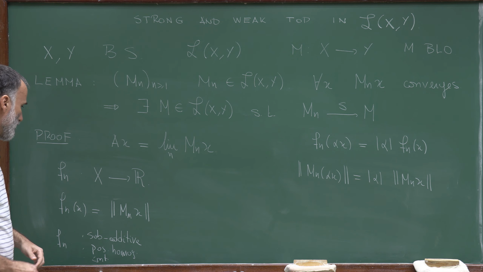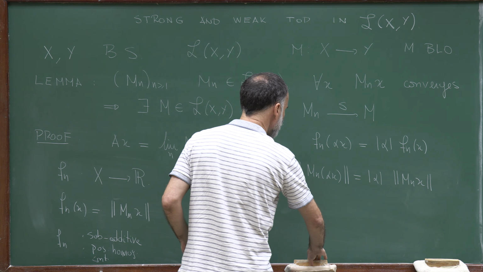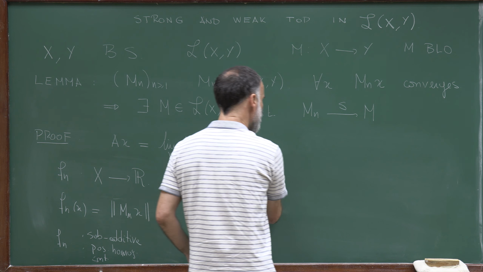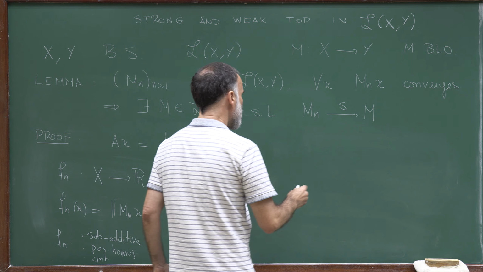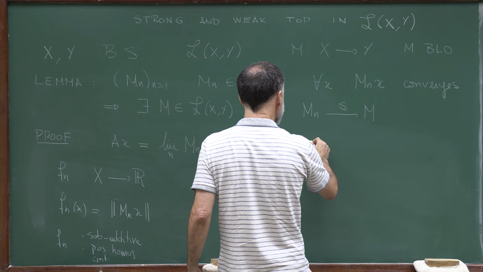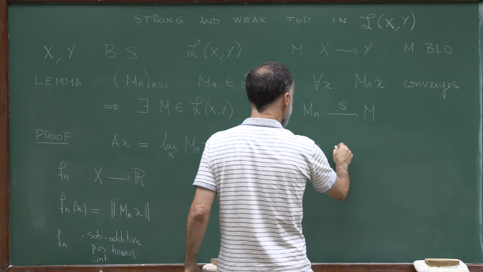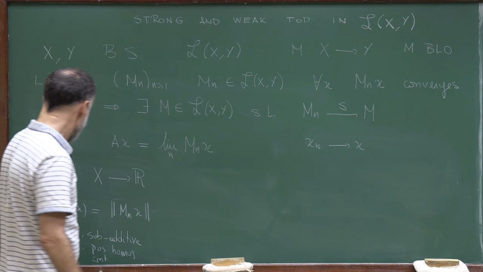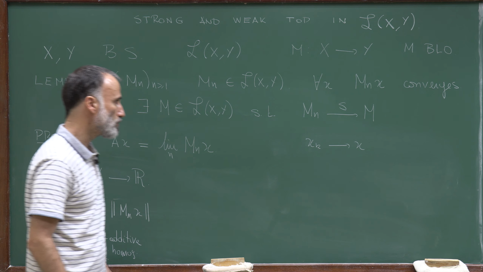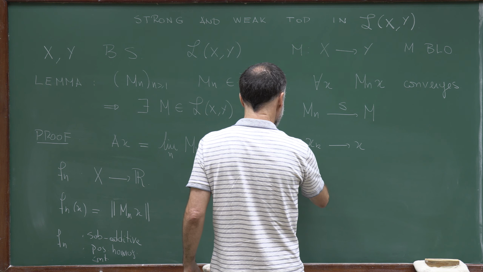So this proves that fn is positive homogeneous. And finally, let's prove that fn is continuous. Now, if we have a sequence xk converging to x, we have to prove that fn xk converges to fn x.